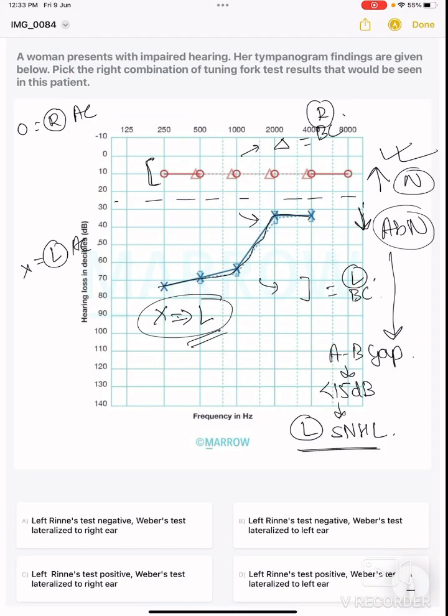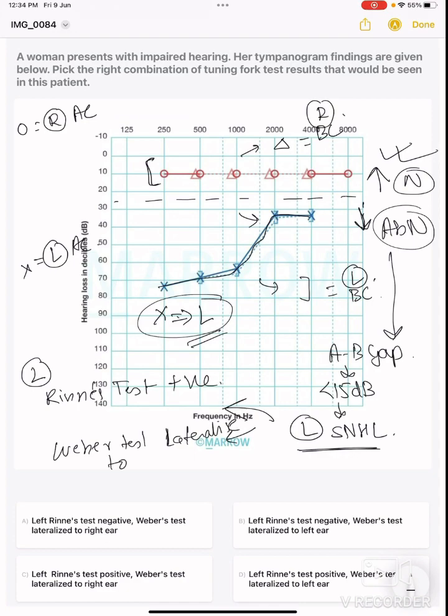So if you get a left sided SNHL case, then the Rinne's test on the left ear will be positive and the Weber test will lateralize to, of course, the good ear, meaning the right ear. That's it. So this is your answer, option C.